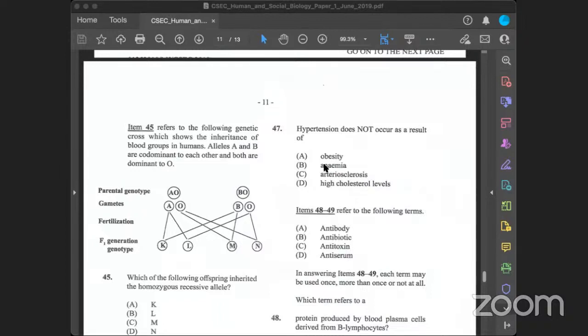Anemia doesn't cause hypertension. That is a lack of blood. So if you have a decreased amount of blood in the blood vessels, would that be hypertension or hypotension? Hypotension, right? So it wouldn't cause hyper, it would cause hypo. So your answer is B. Good.